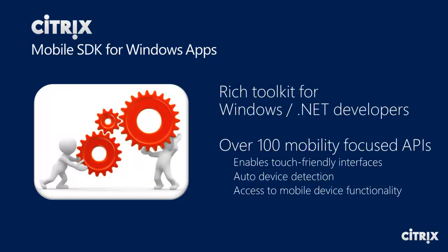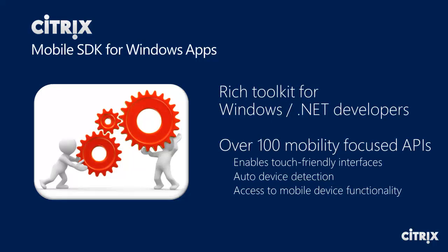So what we did is we've developed a mobile SDK for Windows applications that's really focused on virtualized applications running in the data center on XenApp or XenDesktop. And I'll talk a little bit about some terminology. What this SDK does is enable building a touch-friendly Windows application with standard Windows tools, Visual Studio.